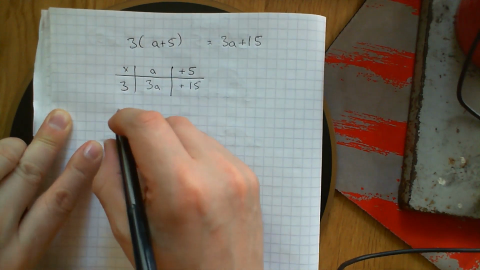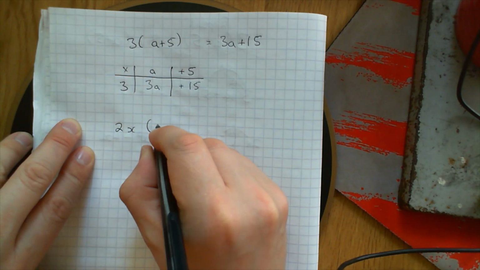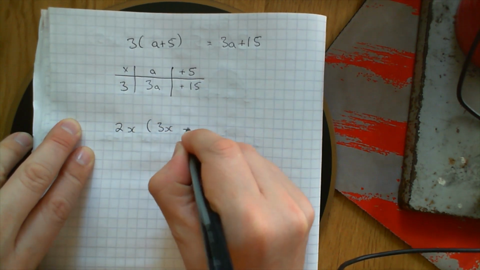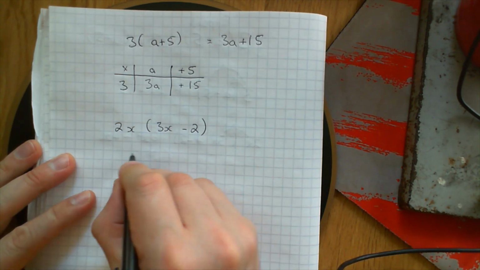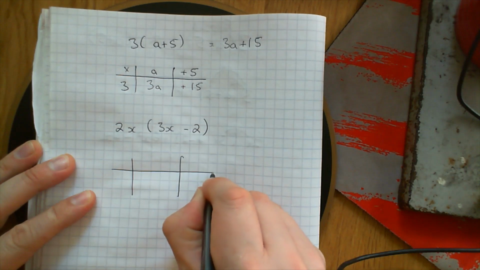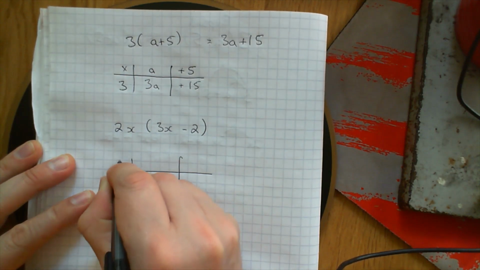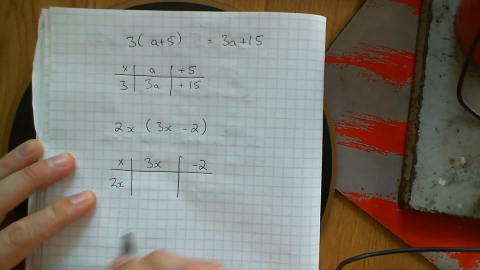If we look at the second problem that we had, 2x times 3x minus 2, I think that's what it was last time. We will set up the grid again, so start by drawing your grid. This time we've got 2x here, it's a multiplication grid, 3x and minus 2.